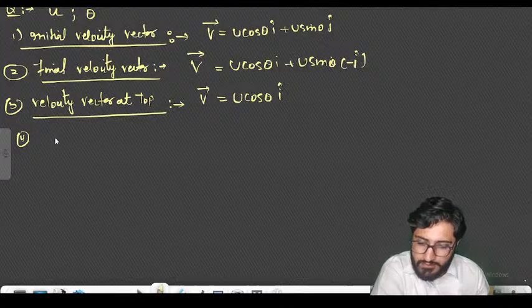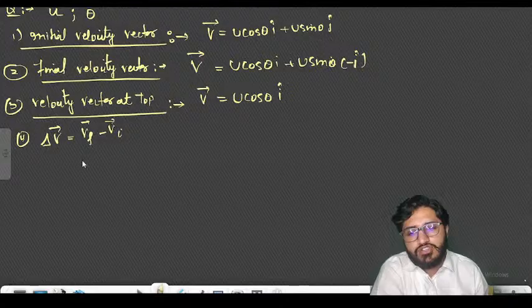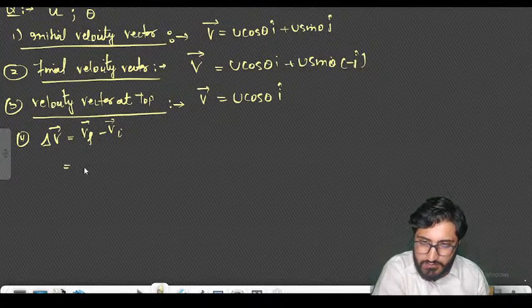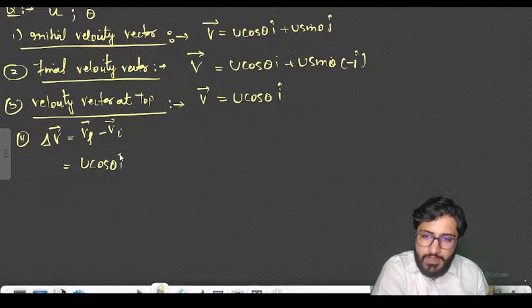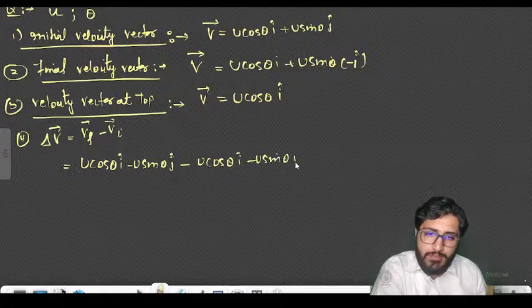Fourth point, that means change in velocity from the point of projection to the point of strike. So I can write velocity final minus velocity initial. I can write it is u cos theta i cap minus u sin theta j cap minus u cos theta i cap minus u sin theta j cap.